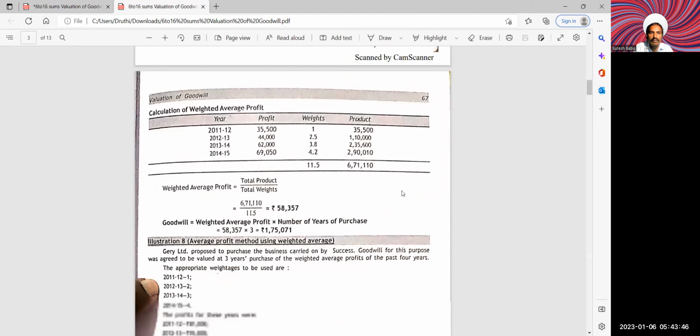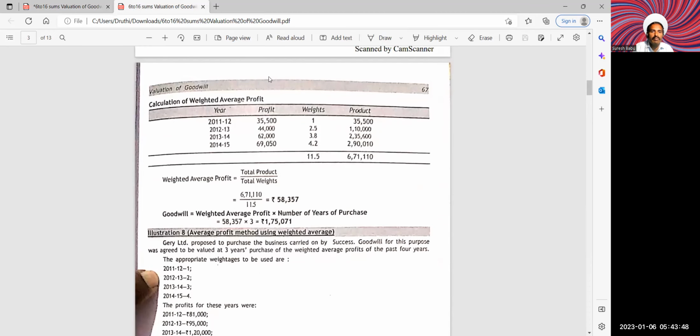Next step, calculation of weighted average profits. 35,500, 44,000, 62,000, 69,050. In the sum, they have said 1, 2.5, 3.8, 4.2.